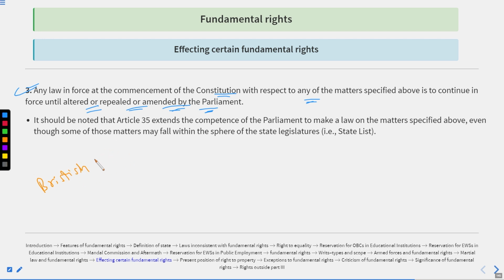okay, if we talk about British India, so the one thing which we know is that British India had so many laws and legislatures.